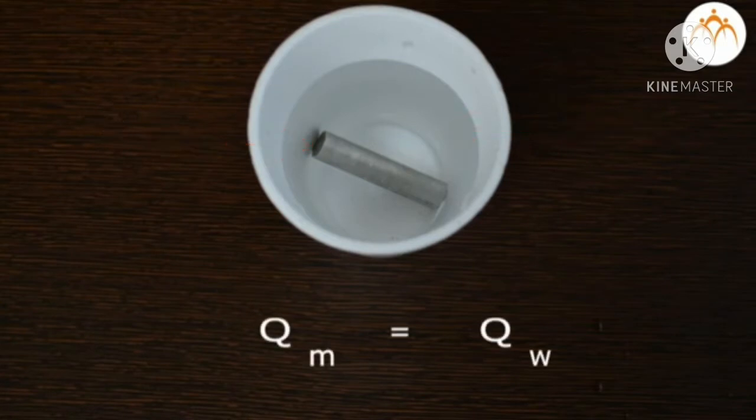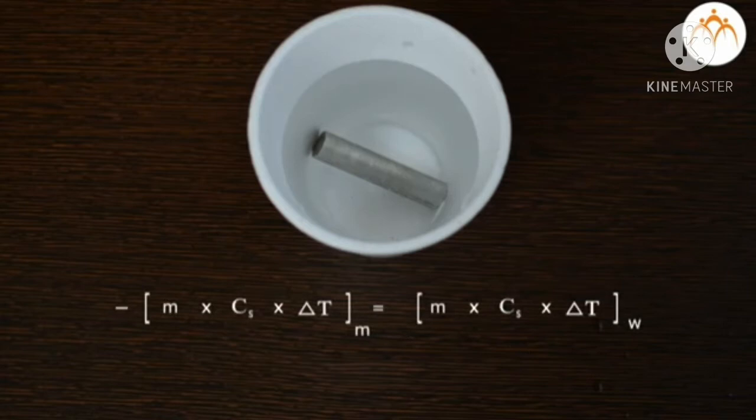As the metal loses energy to the water, we will add a negative sign. Minus Qm is equal to Qw. Minus of m into Cm into delta Tm is equal to m into Cw into delta Tw. We will solve this equation to find the initial temperature of the aluminum.